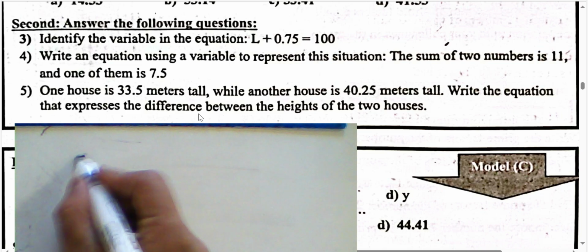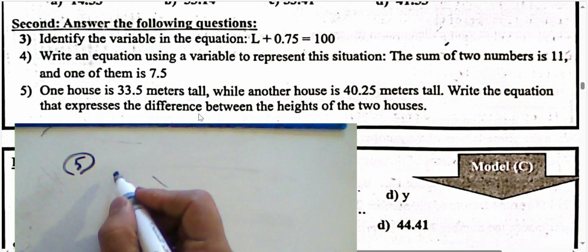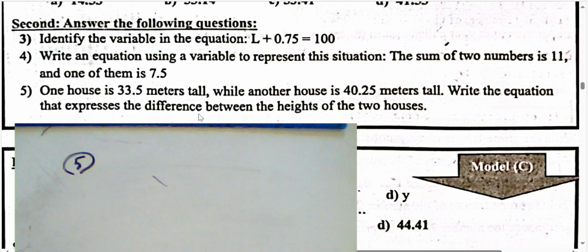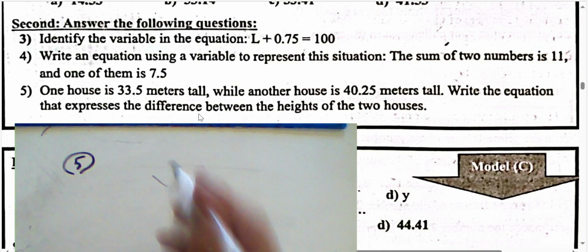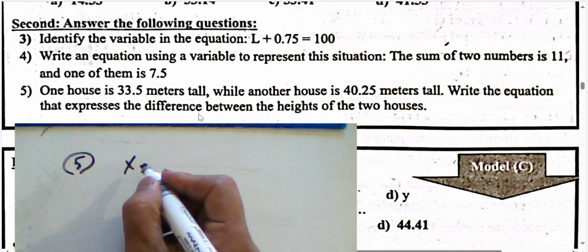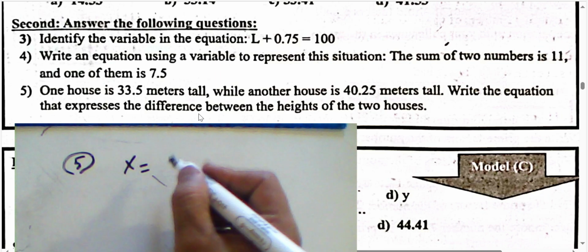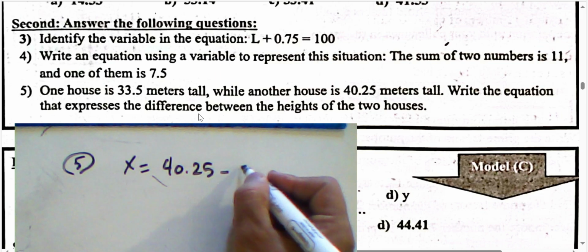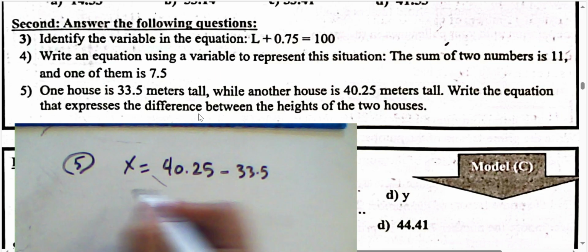Okay. Next example. Number 5. One house is 33.5 meters tall, while another house is 40 and 25 hundredths meters tall. Write equations that express the difference between the heights of the two houses. We can write x equals the difference between them. Right, 40 and 25 hundredths subtract 33 and 5 tenths.